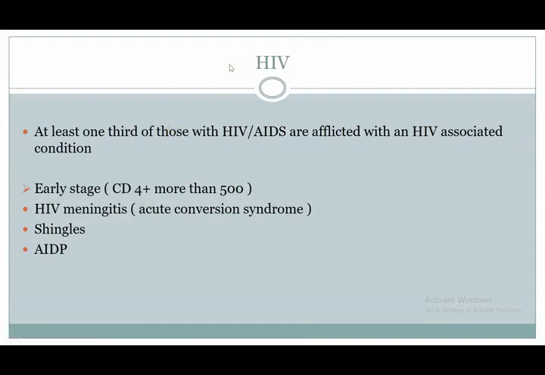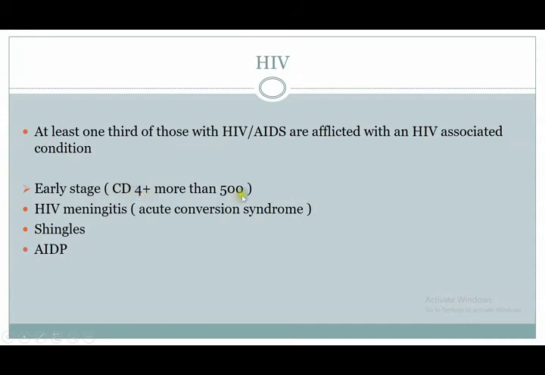HIV is a very important cause of chronic CNS infection, not by itself, but because of the immunocompromised status; the patient may develop chronic CNS infection with many other organisms. At least one third of those with HIV/AIDS are afflicted with an HIV-associated condition. So it depends on the CD4 count.